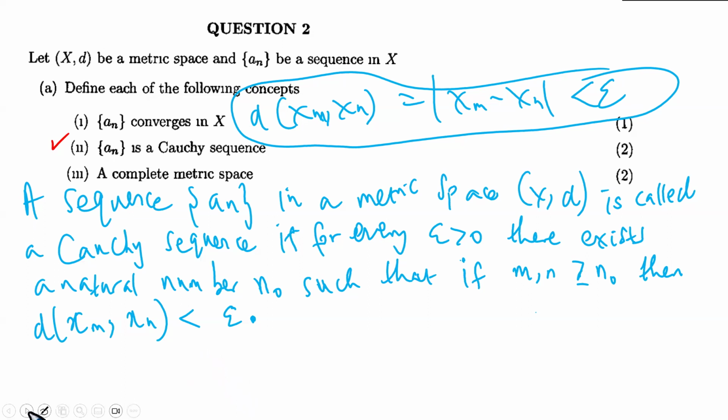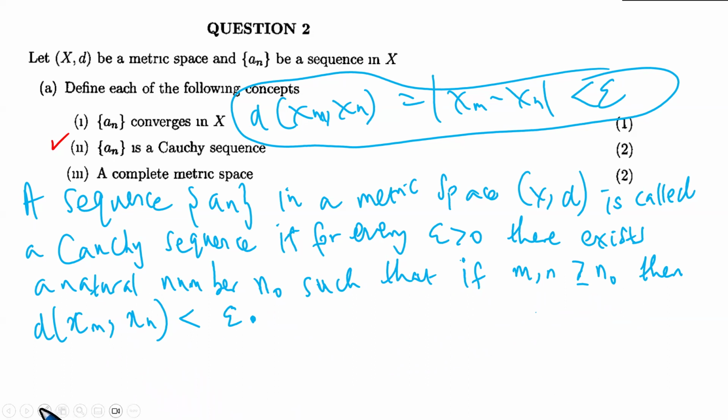Let's define a complete metric space. The complete metric space is defined in terms of what we call Cauchy sequences. And now a sequence AN, one more time, in a metric space is called a Cauchy sequence if for every epsilon positive, there exists a natural number n0, so that if m and n are greater or equal to n0, then the distance between xm and xn is less than epsilon.